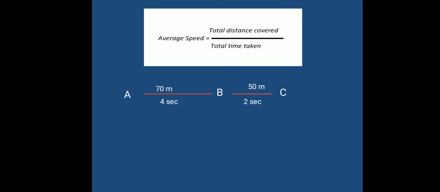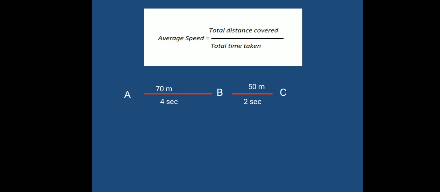Suppose an object travels from point A to B, and this distance is 70 meters and the time required to cover this distance is 4 seconds. And again the object travels from point B to C, and this distance is 50 meters and the time required to cover this distance is 2 seconds.